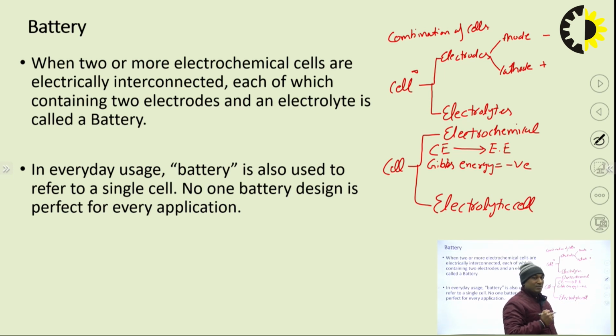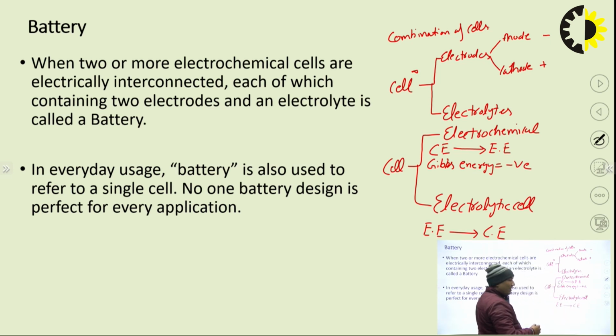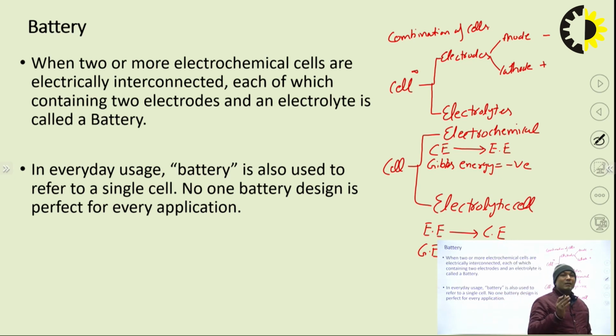As you all know, as we use the battery, the energy is going to reduce as per our usage. And in the electrolytic cell, the electrical energy is converted into chemical energy. Means from outside you are giving the energy and this energy is converted into chemical energy. Okay. And the Gibbs energy will become positive. As you can see, when your mobile gets discharged, you plug it into the switch and switch on the electricity.